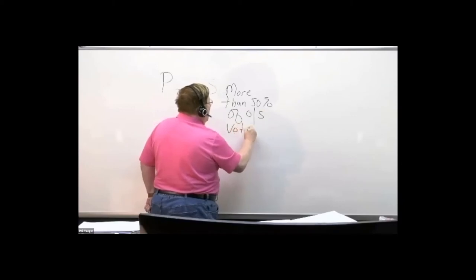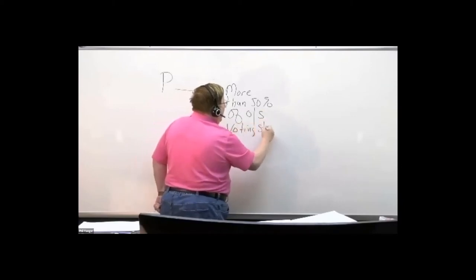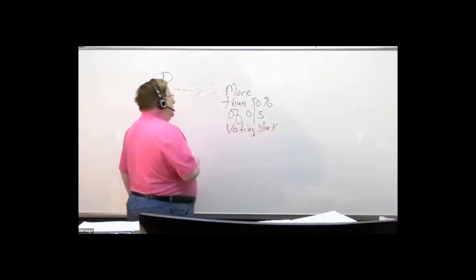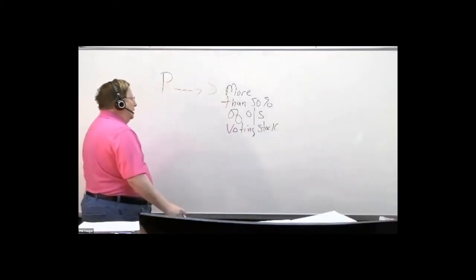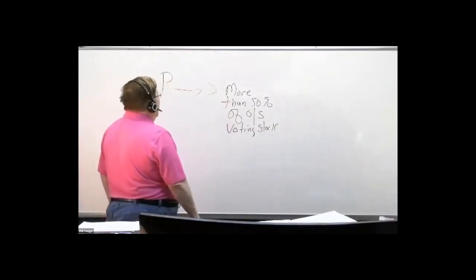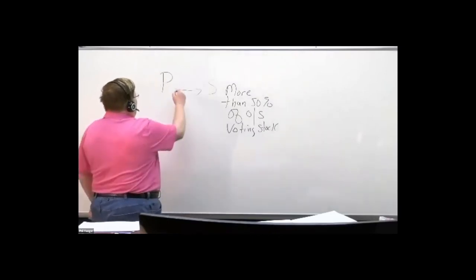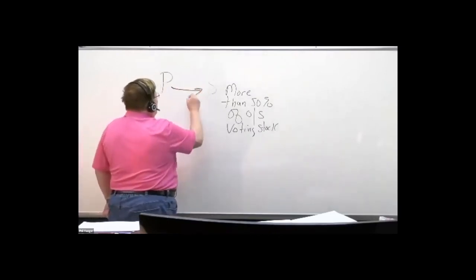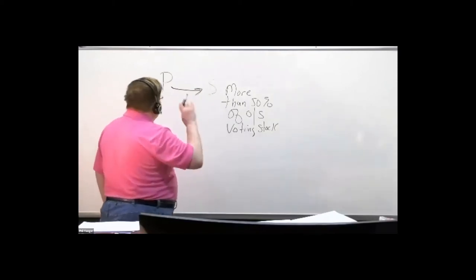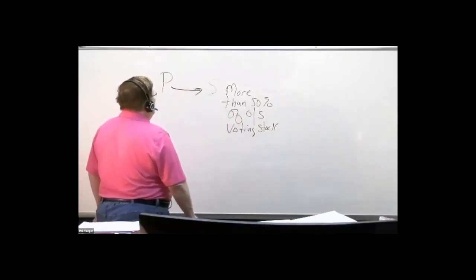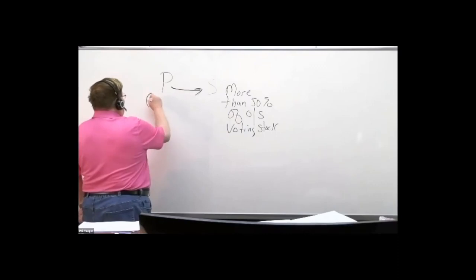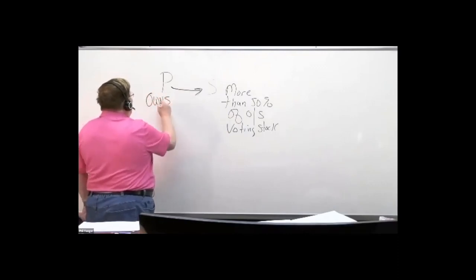It's got to be the voting stock. So if a company acquires more than 50% of the preferred stock, that is not a parent-subsidiary relationship. Now what will happen is the parent will acquire the sub, and both the parent and the sub will continue to maintain their own books.